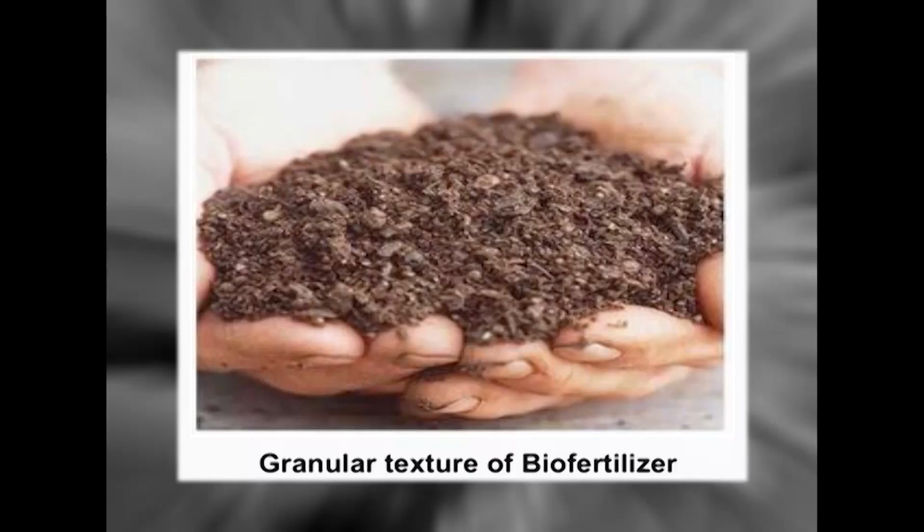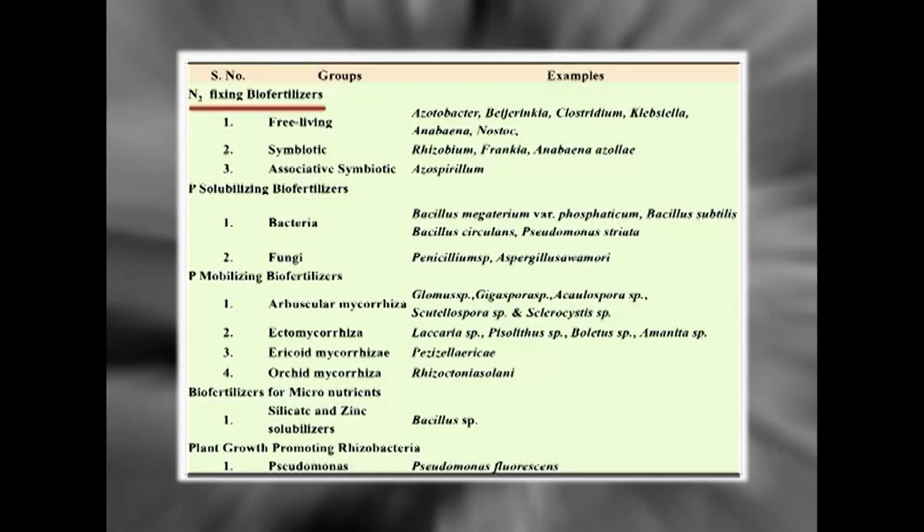Because it is a living organism, this biofertilizer may look like a granular structure because the soil is not homogeneous, and when it is sold in a packet, it will have some definite half-life or shelf life. Okay?